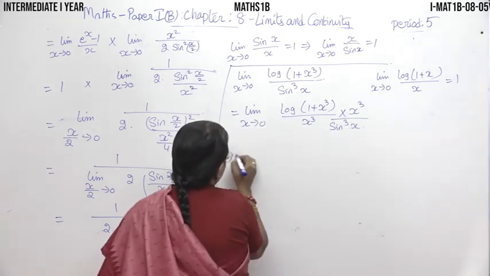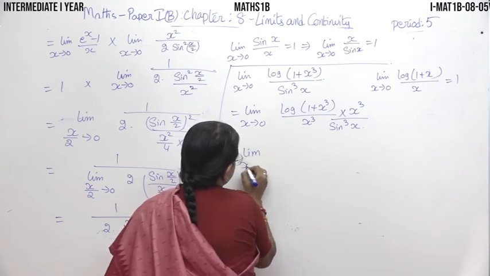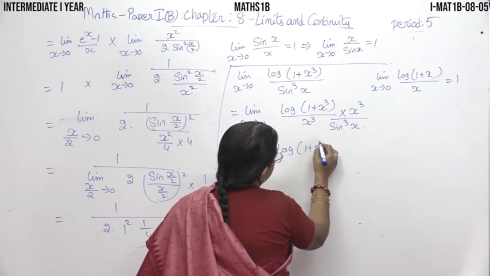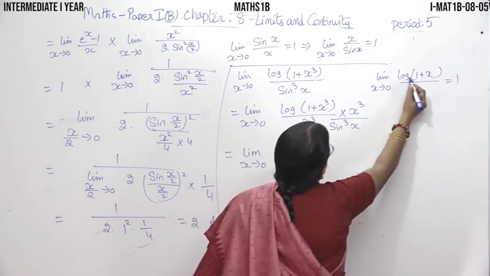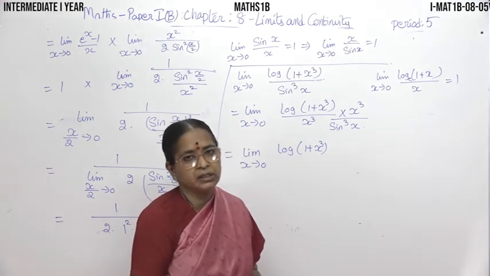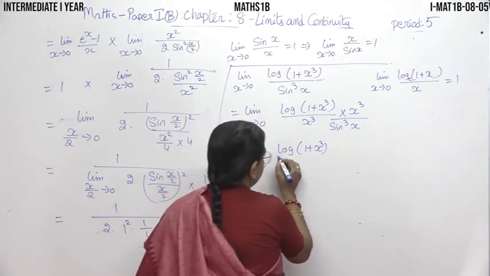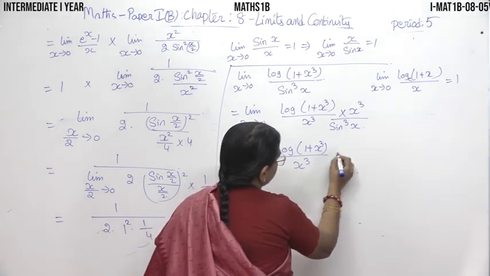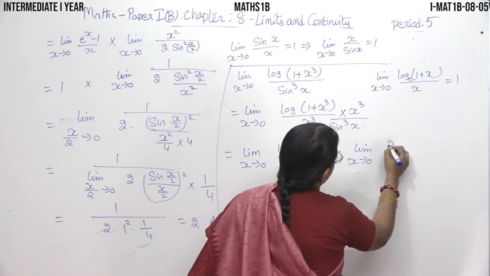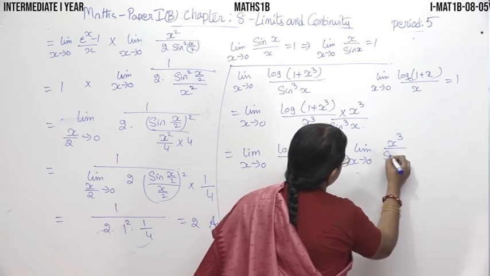See here base is e. When base is not mentioned in calculus, you have to take it as e. It is understood. So x cube into limit x tending to 0 of x cube by sine cube x.